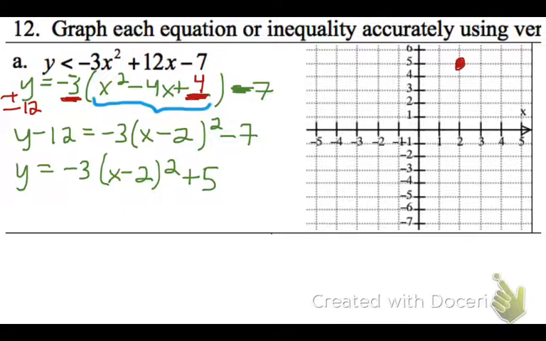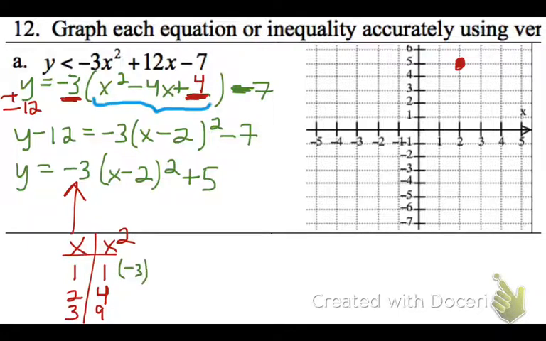That's right here, 2 comma 5. It is going downhill. I remember our little trick that we did when we are squaring something: 1, 2, 3. Normally it's 1, 4, 9. But we are multiplying by that negative 3, that a value.